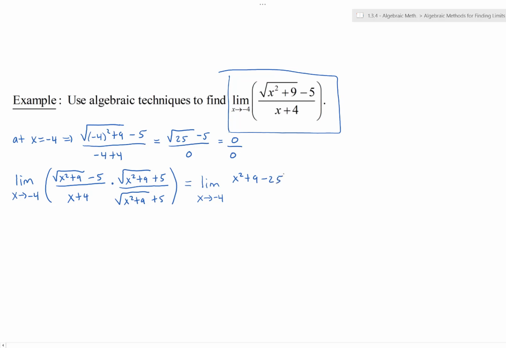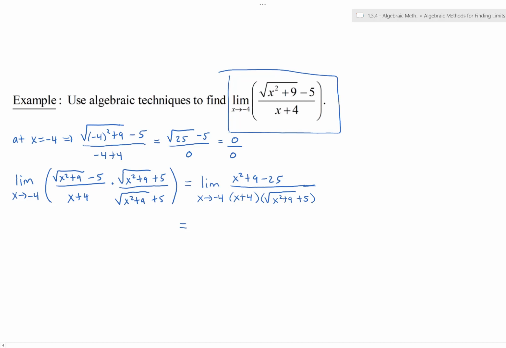And in the denominator, there's this big old mess of stuff, but I'm just going to leave it as the product, not multiplied out, because there's really no reason to multiply it out right now. Think of it as why multiply unless you really have to.